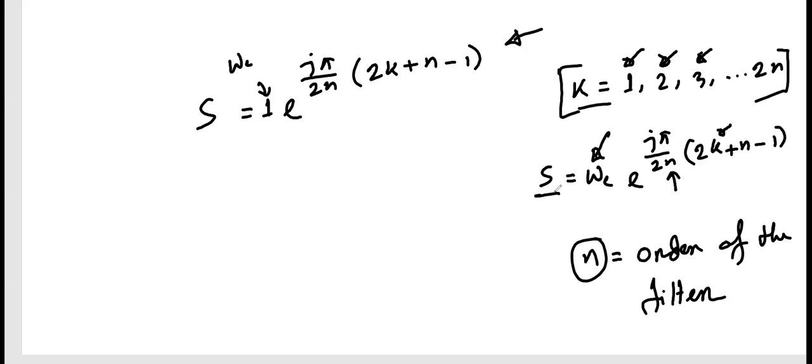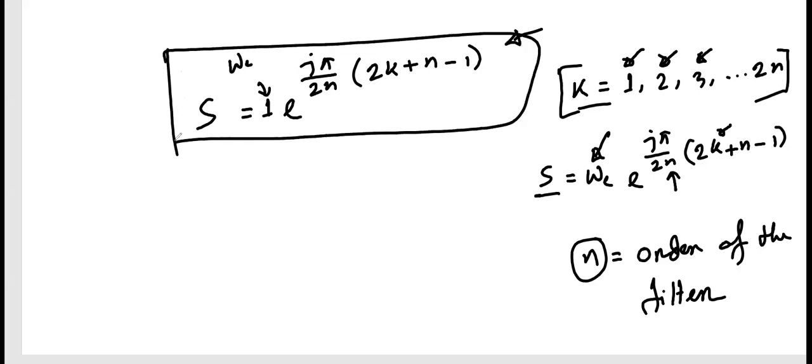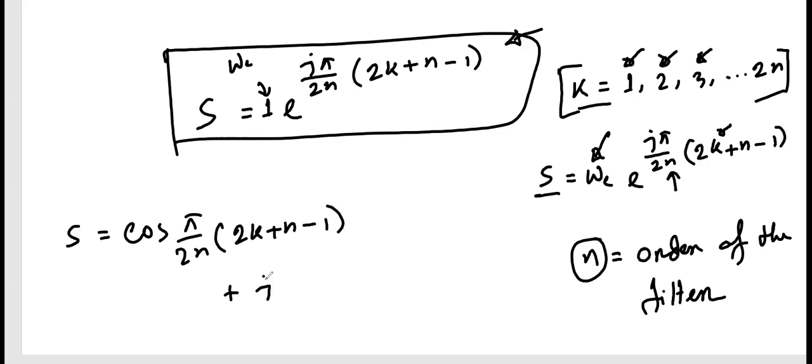So in general, this is the general equation we have found, and we can also write it like this: s equals cos of pi by twice n times (2k plus n minus 1), plus j sine of pi by twice n times (2k plus n minus 1).